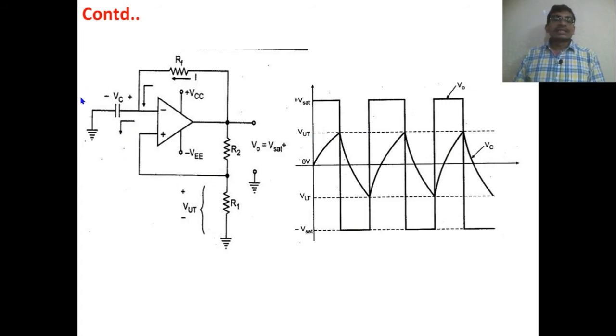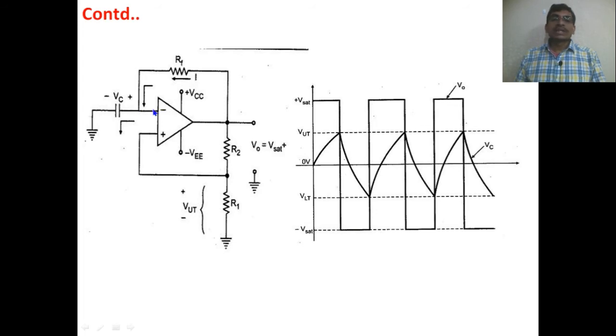Therefore, the capacitor is charging linearly. Whenever the capacitor's charged voltage is a little bit greater than the upper threshold voltage, which voltage is greater here? The capacitor voltage is nothing but the inverting terminal voltage.